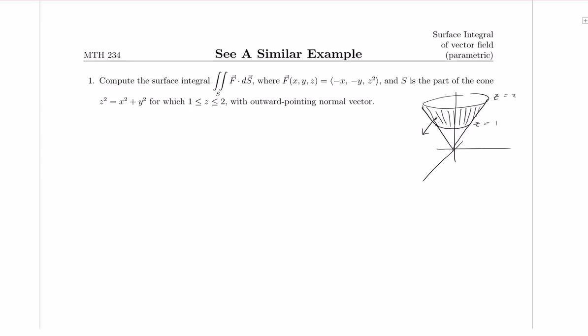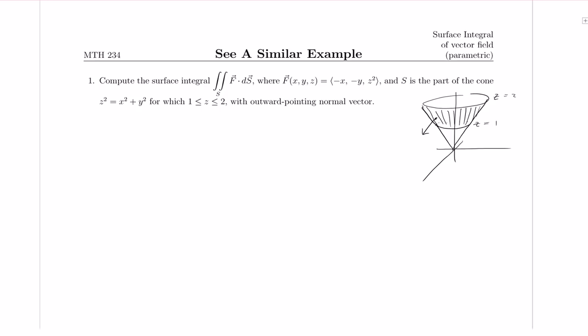If you look at the picture, you could also describe this as the downward pointing normal vector. The normal vector, in order to point outward, will have to have negative z component.